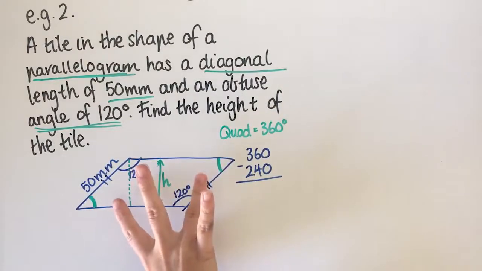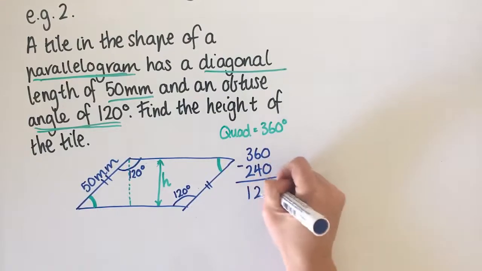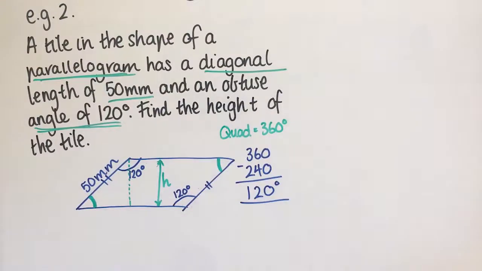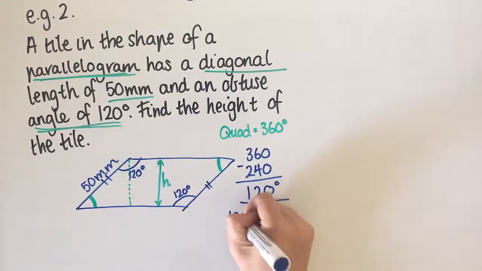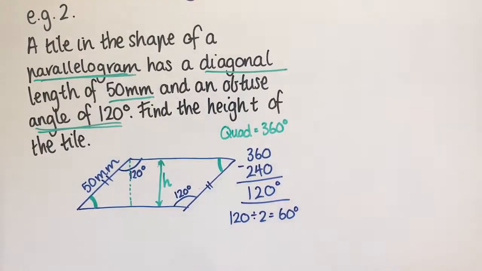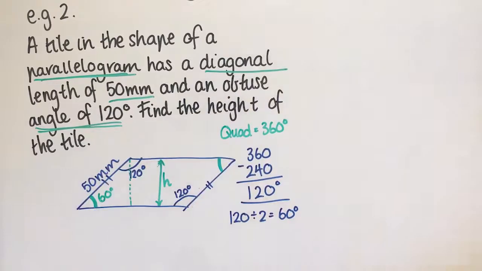That'll give me what's left over here, okay? So that's going to give me 120 degrees left over. So combined, these need to add to 120 degrees. So I'm going to halve that, and I'm going to get 60 degrees. So I've been able to determine that this angle here is 60 degrees, okay?